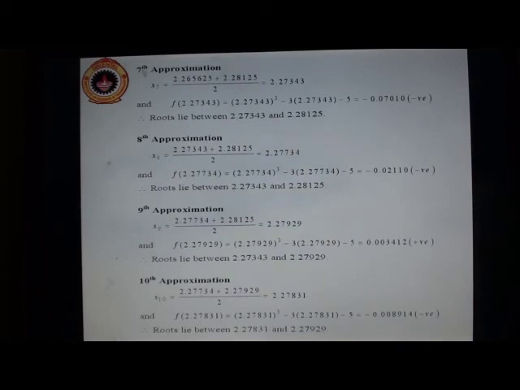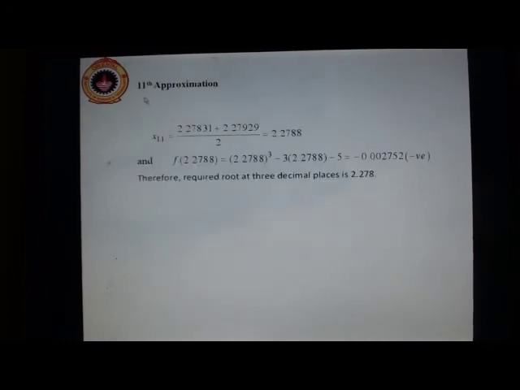In the seventh and eighth approximations, the values are 2.273, 2.277, 2.279, 2.278. In the 11th approximation, the value is 2.278.